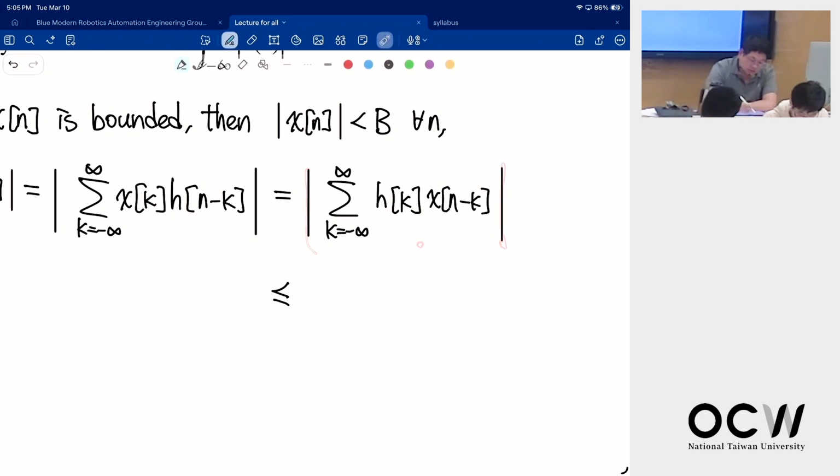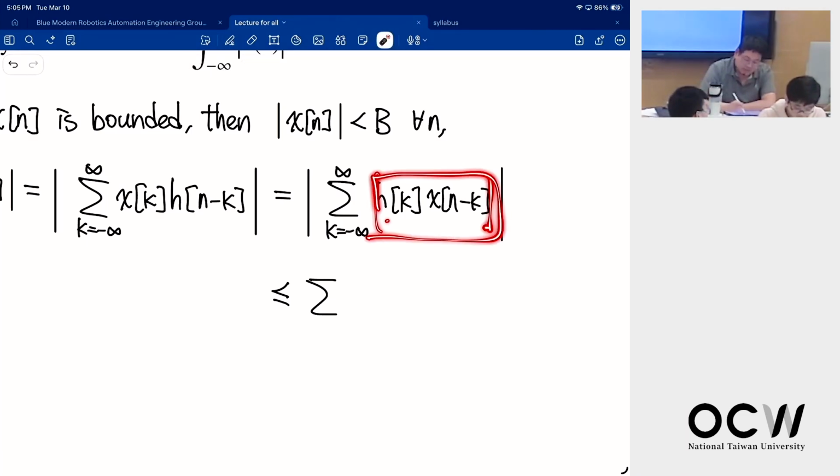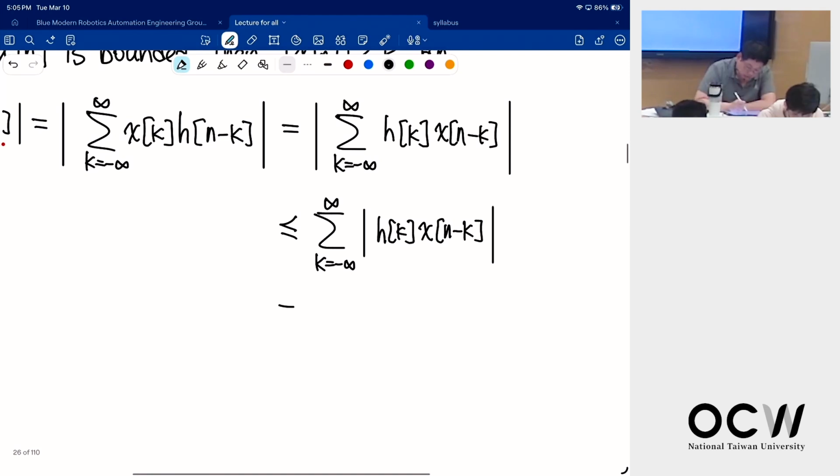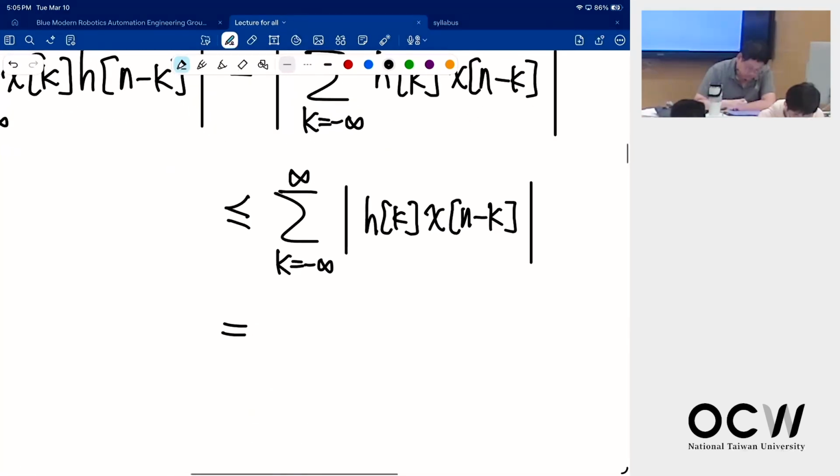So this value should be less than, if I take the magnitude first every time and then do the summation. So we just put the magnitude inside the summation. This should be larger: |h[k] x[n minus k]|. And then we can take the magnitude individually.